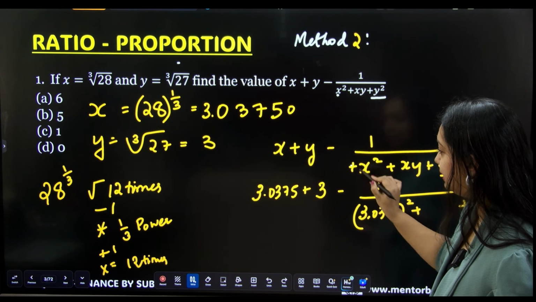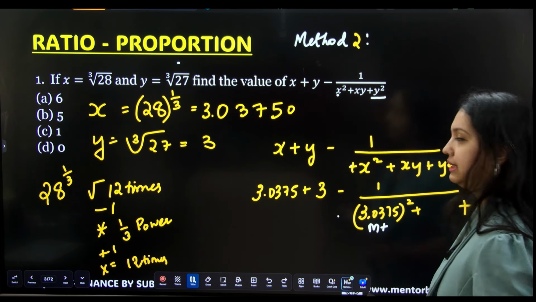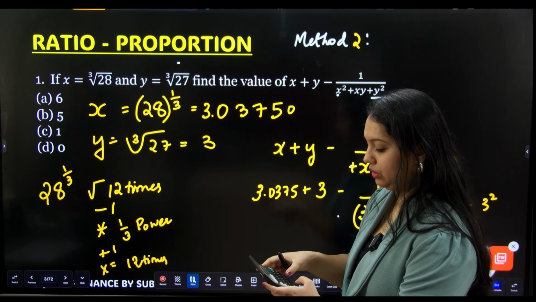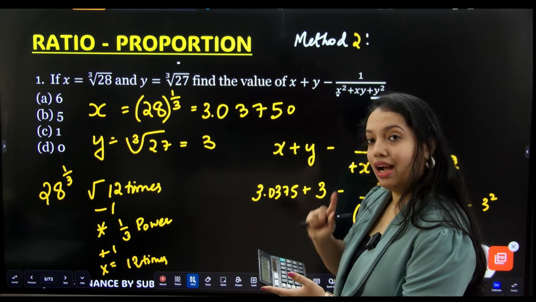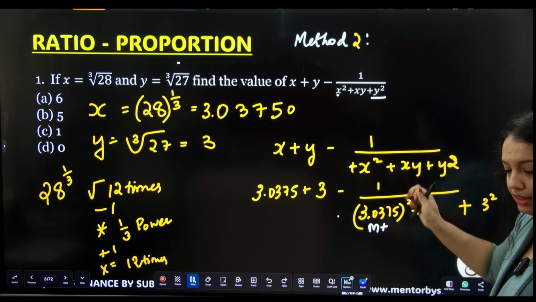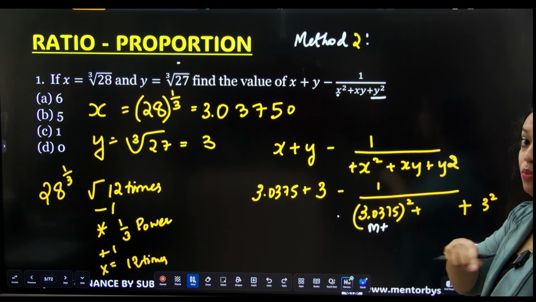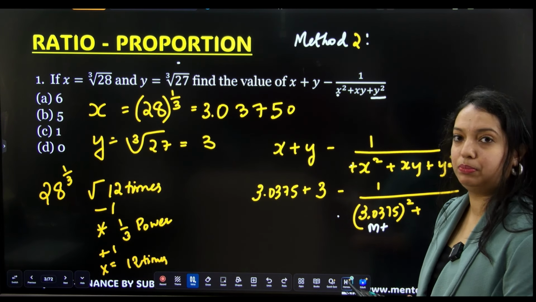Because it has a plus before it, I'm using the M plus button for this. M plus. Next, x into y, this into this, 3.0375 into 3. Again, the symbol before that is plus, so use the M plus button. Next, y square, which is 3 into 3, 9. Use the M plus button.